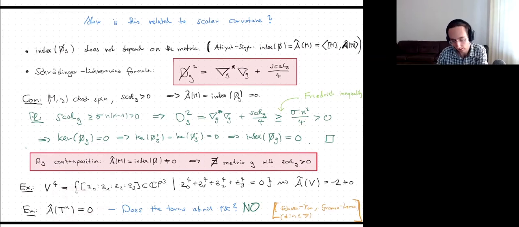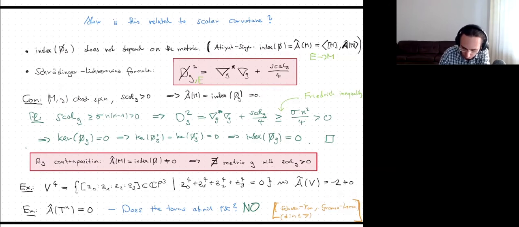The way that Gromov and Lawson went about this, they actually used index theory, but in a slightly more sophisticated way. Essentially, in this formula above, you can twist your operator with some bundle over your manifold.